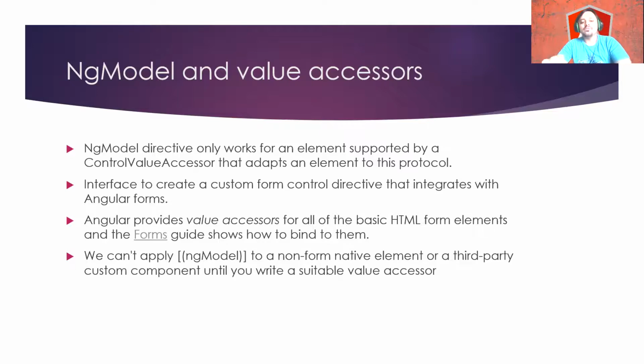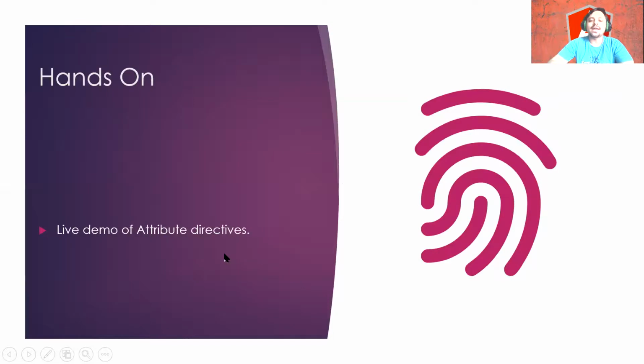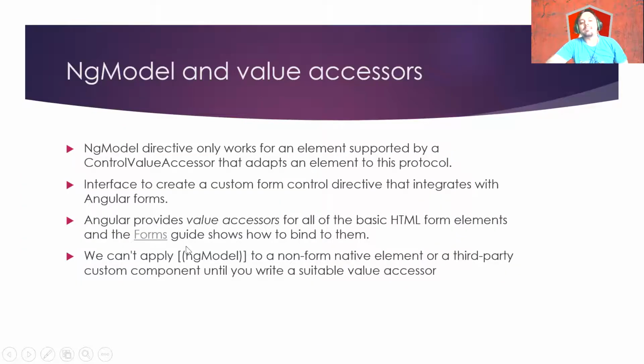And NgModel, this bracket syntax which you are seeing is called banana in a box. So what is happening here? The outer bracket is for binding from your component to your HTML page, and is called property binding, while the inner bracket is called event binding.